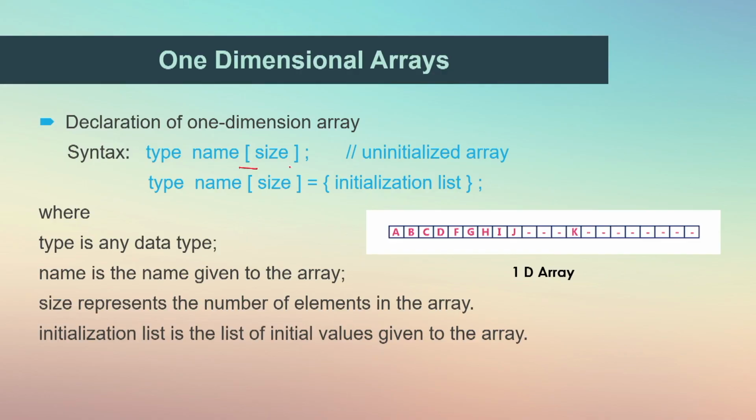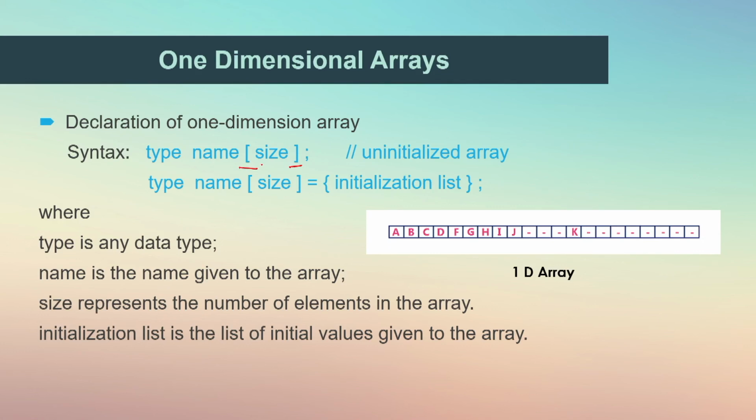A one dimensional array has only one subscript for storage. For example, we can declare a one dimensional array using the syntax: data type, name, and then a square bracket. This square bracket symbol denotes that it is an array.